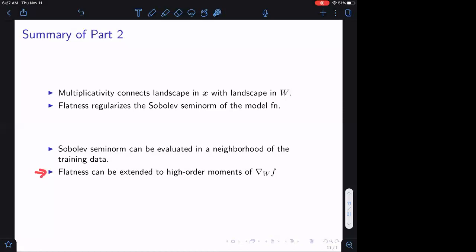And this flatness relationship I was talking about earlier can be extended from the 2 norm into higher order moments, the higher order norms.